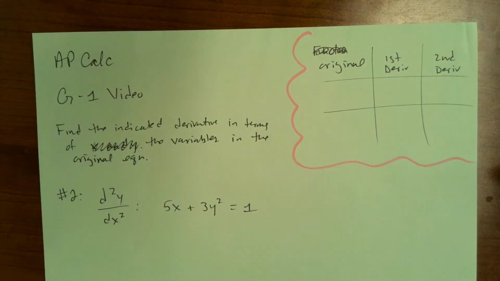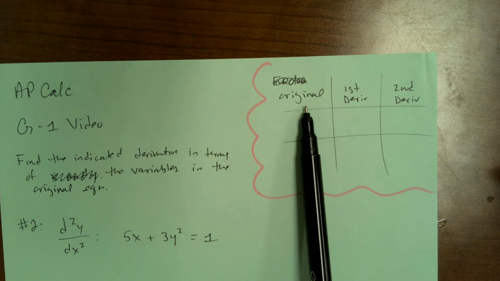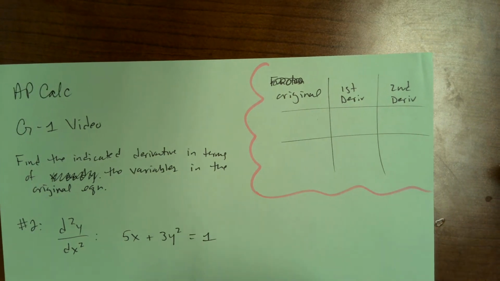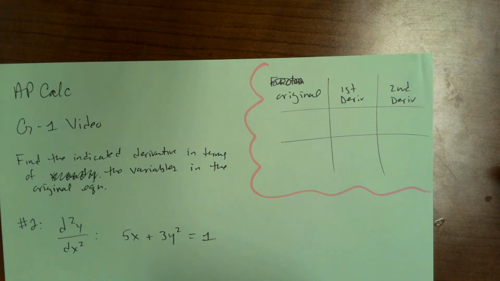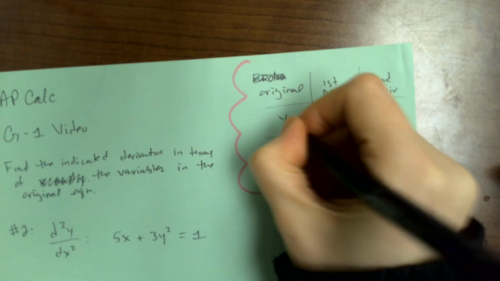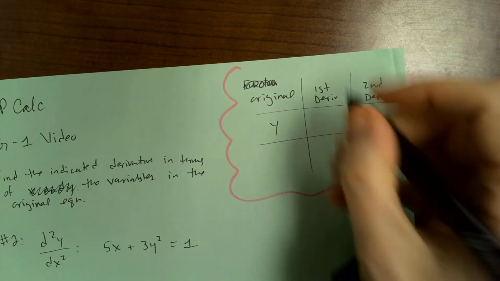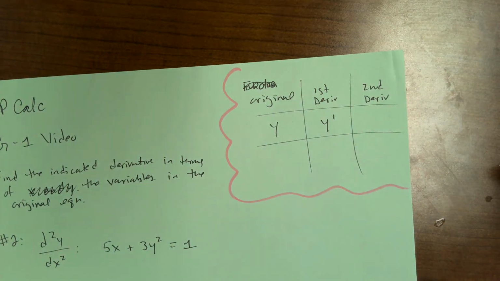Okay, so let me just introduce some notation real quick. Let's say that we have an original function or term called y. In prime notation, its first derivative is y prime. But there's something called a second derivative, which is the derivative of the first derivative.